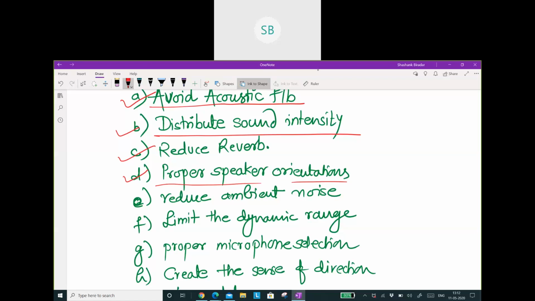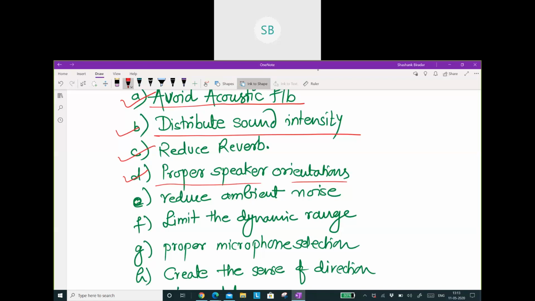So for that purpose, the orientation of the speaker as well as the microphones matters, because when you are playing a play, you require lots of microphones. If the orientation is not proper, then the sound quality is not that clear, or some other frequencies or signals may get added.